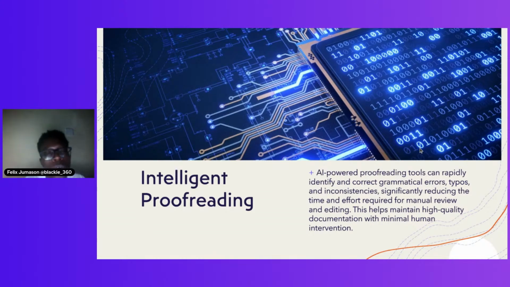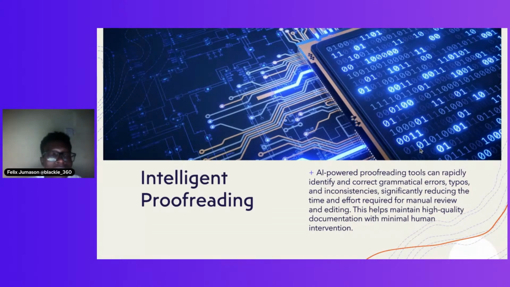You find AI is so intelligent that it can proofread your work fast. First, it will be faster. Another thing, it will be accurate. The typos, the wrong punctuation, it will capture all of it.